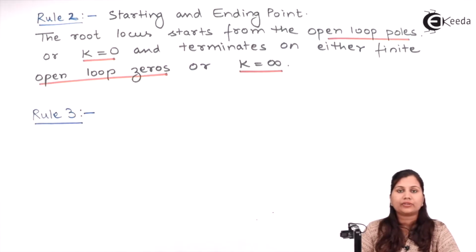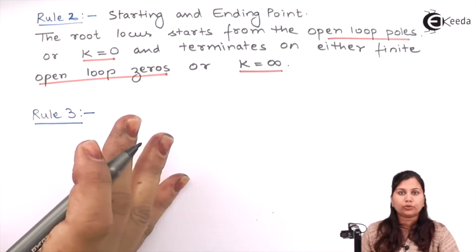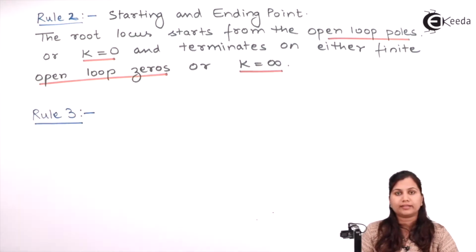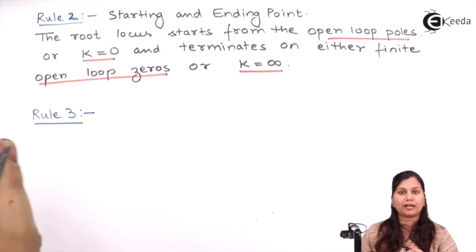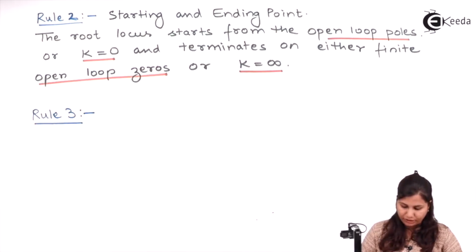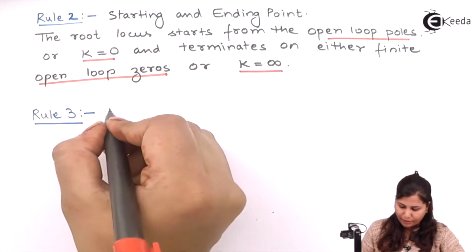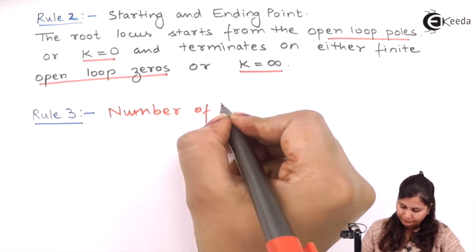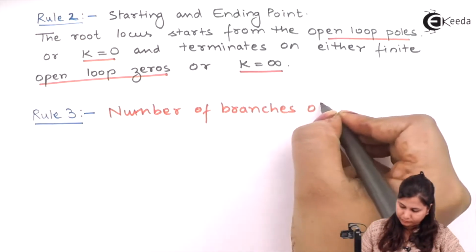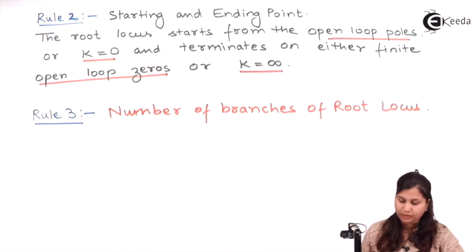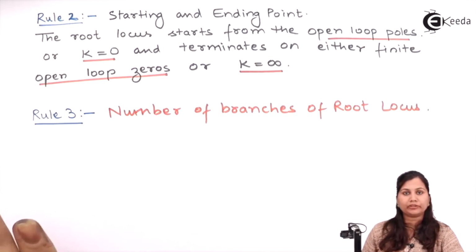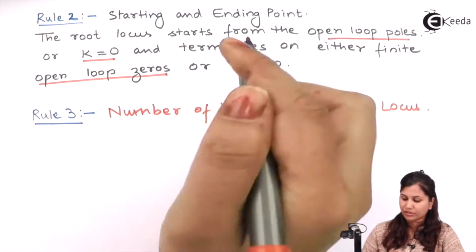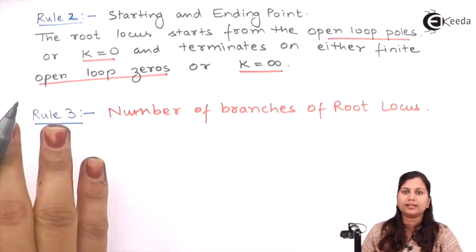Rule number 3 is related to the number of branches of the root locus. When we are plotting the root locus, how are we going to get the number of branches, how many branches this root locus is going to have? So rule number 3 is the number of branches of the root locus. Up till now, before this rule number 3, we have just obtained the open loop poles and the zeros.